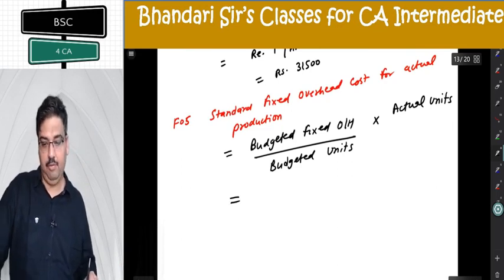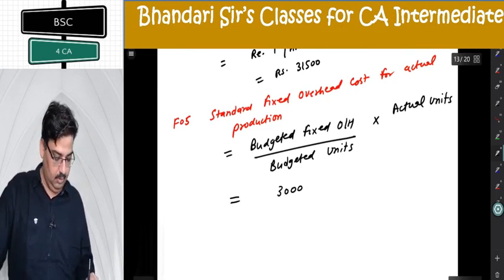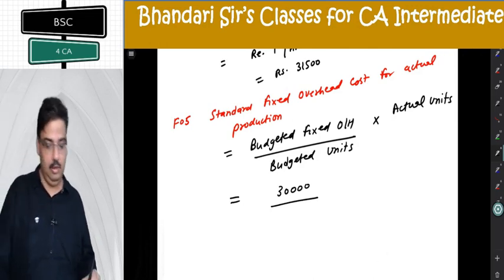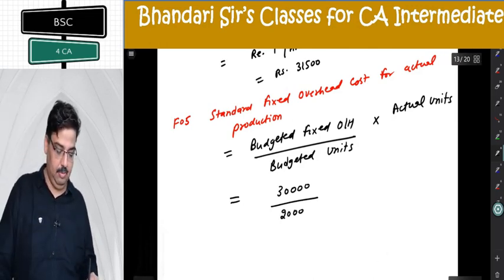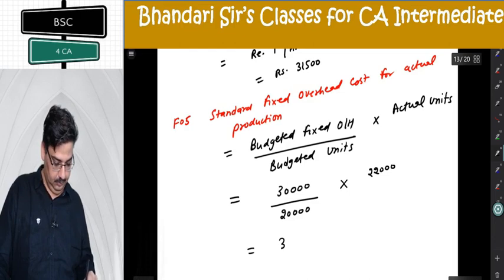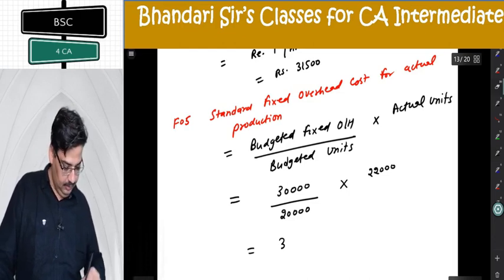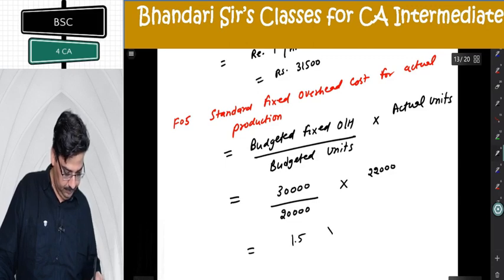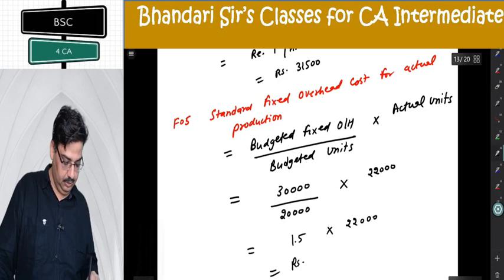In this question, everything is given very simply. Being the first question, it is bound to be easy. Later on, you will get some difficult questions also, but the steps remain the same. Divided by 20,000 multiplied by 22,000. This is what I am getting, 1.5 multiplied by 22,000. This is rupees 33,000.